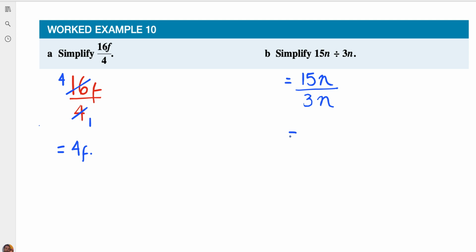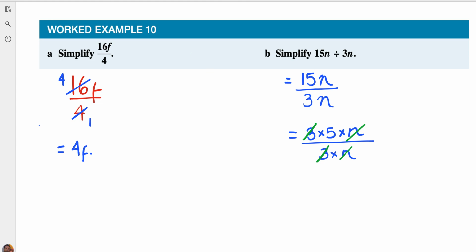So I'm going to write this in a different way just to show you something. I can split that 15 into its prime factors and say, okay, it's 3 times 5 times n. And underneath I have 3 times n. And if I have that, then I can cancel that 3 and that 3 and that n because they're also factors, and I am left only with the 5.